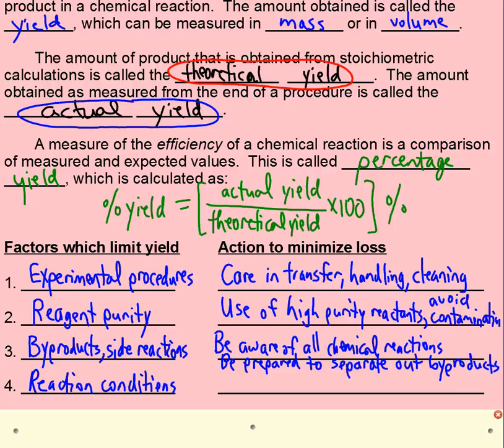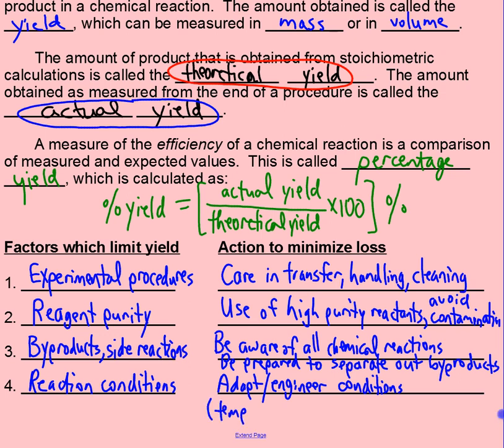So reaction conditions might be really important here, and again, the action to minimize loss of yield in this case would be to adapt, or adapt slash engineer, the conditions to suit the best possible yield, and that could be temperature, pressure, maybe the presence of catalysts.